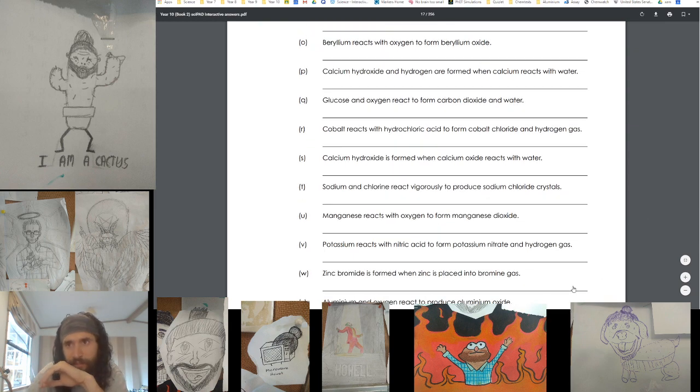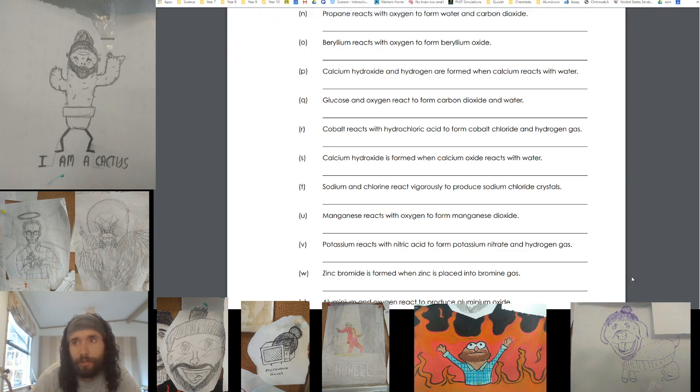This one here, zinc bromide is formed when zinc is placed into bromine gas. The product here is the zinc bromide, even though they give it to you first. So the answer to this one would be zinc plus bromine gas, arrow, zinc bromide.